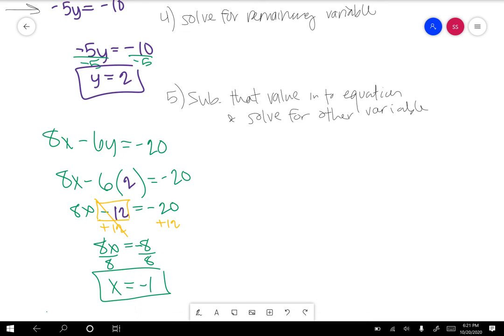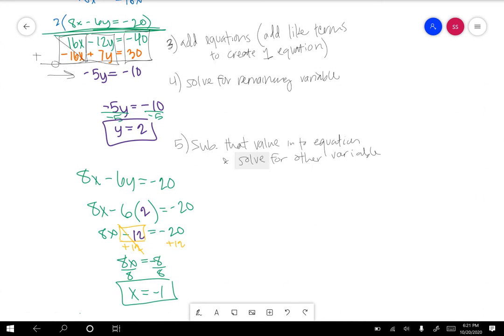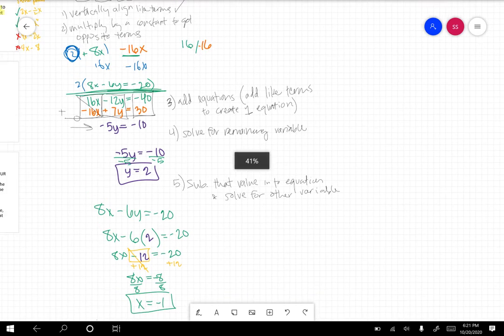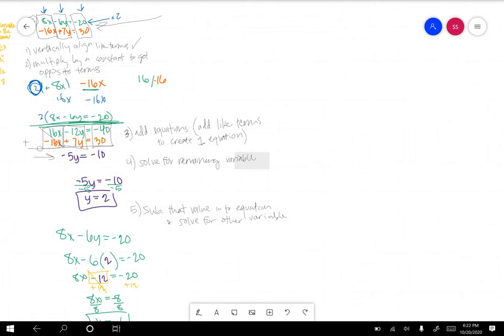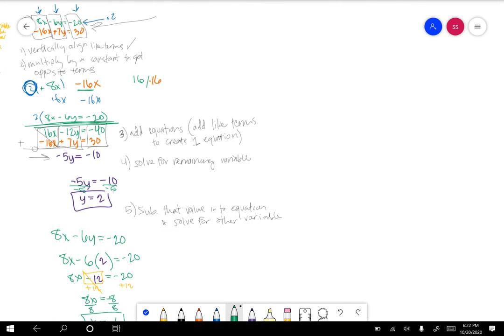And again, you can double check that it makes both equations true by substituting both those numbers into the other equation and solving. The last step again is to write the solution as an ordered pair.